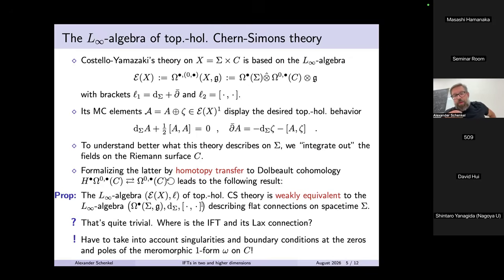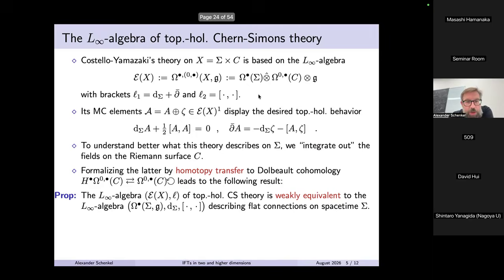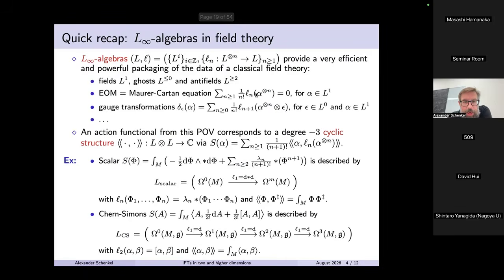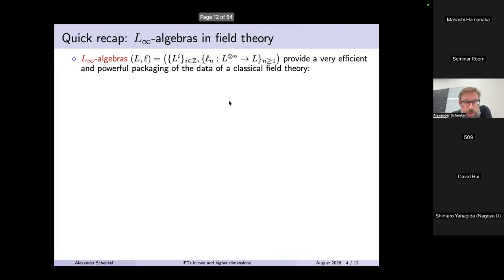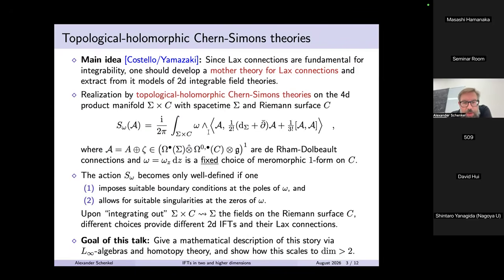So the reason, the kind of thing which happens here is that this theory, which I was introducing above here, is not yet appropriately defined, because from the traditional point of view of writing down an action, I said before that it's very important to allow the gauge fields to have some singularities at the zeros of omega, and also to have boundary conditions at the poles of omega.